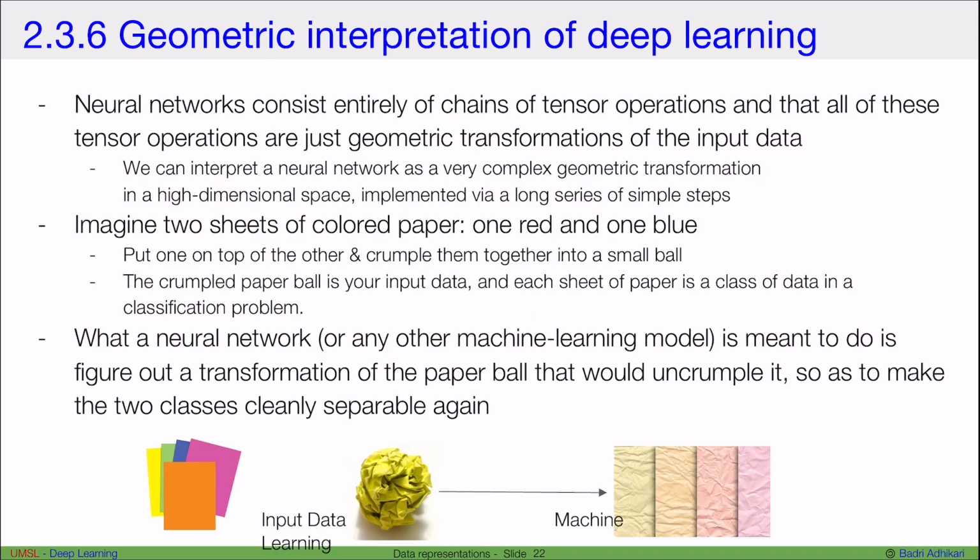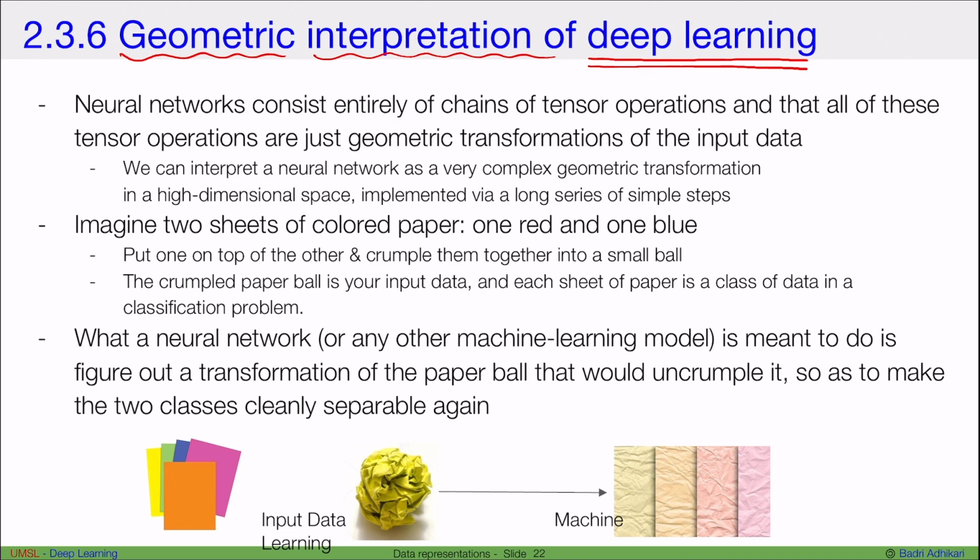What this leads us to think is that deep learning overall is nothing but geometric transformations or a chain of geometric operations. In this way, we can imagine a geometric interpretation of the operations that we do in deep learning.